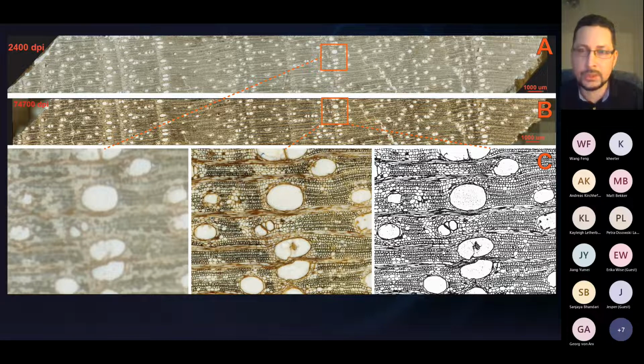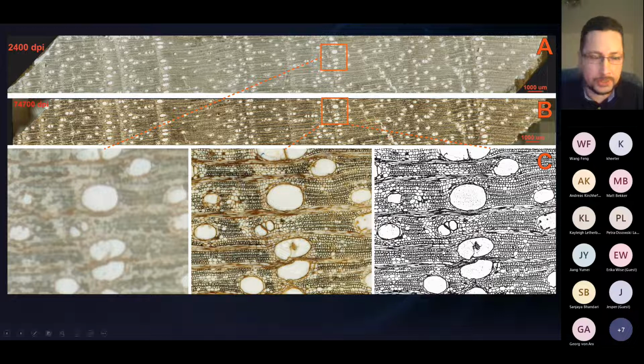And what would it look like if we use a high resolution image and try to convert it to a binary format? You see that here in the middle and on the right side, it looks pretty good in terms of the structures that we can represent and capture.